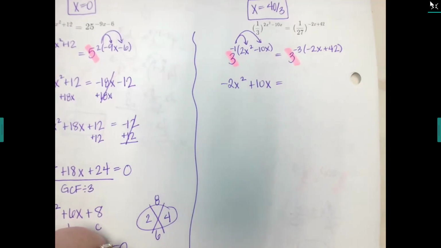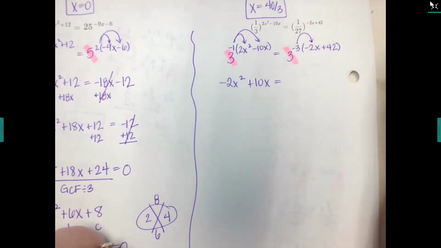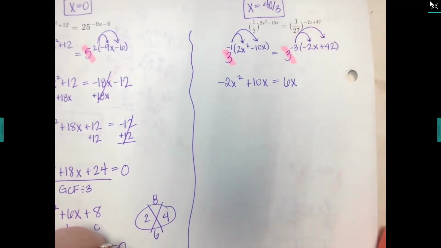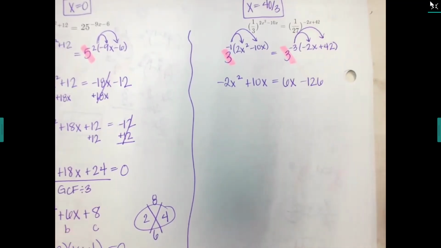Okay, on the other side, we're bringing a negative 3 onto a negative 2x, positive 6x. And then, ooh, we may need a calculator for this one. Negative 3 times 42. What's that? 126. Thank you. Now remember, if there's an x squared, you got to get everybody onto the same side.